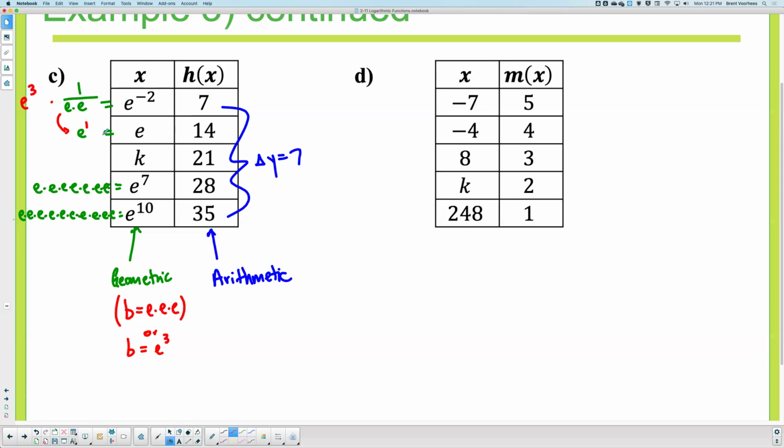And then if I multiplied that by 3 e's, I would now be taking e cubed times e to the first, and what would we get here? E to the 4th power. If I took e to the 4th and multiplied it by e cubed, what do I now get? E to the 7th. Is it working? Yeah. K on this problem is e to the 4th.